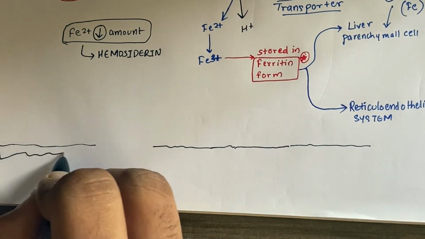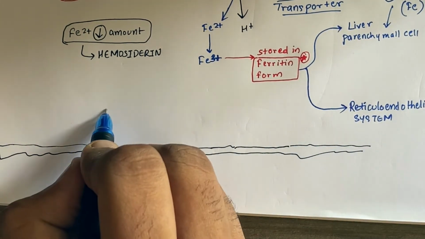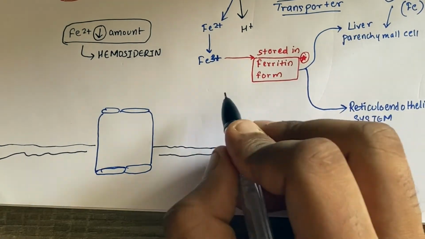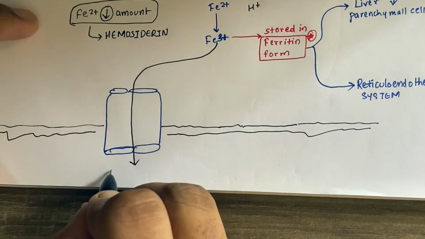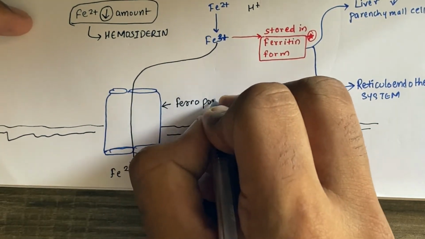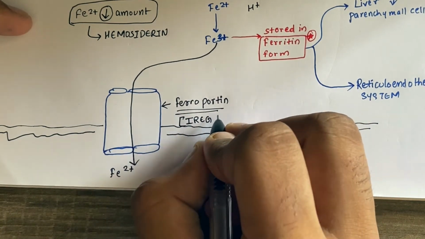If we need iron in our body, it gets out from the enterocytes and into the blood.